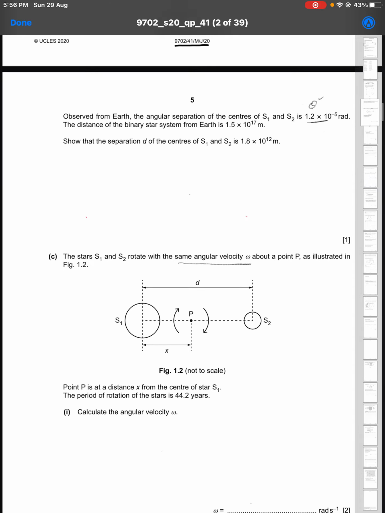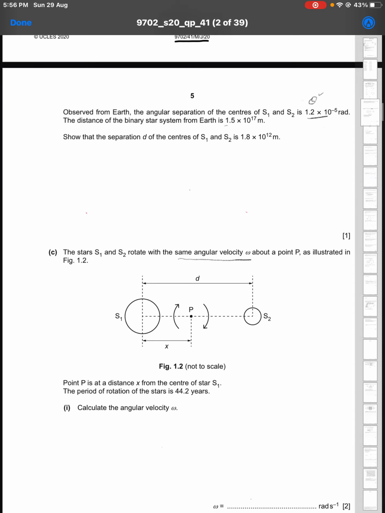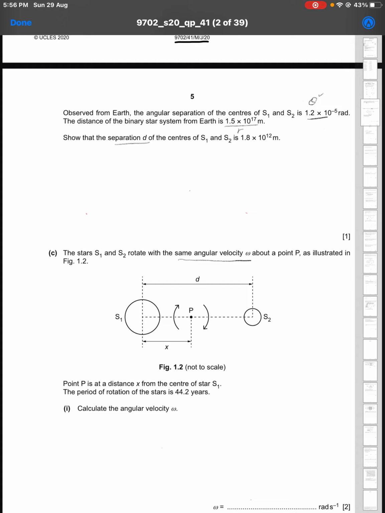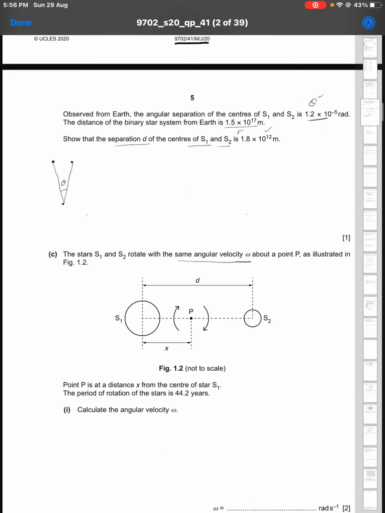The distance of the binary stars from Earth is r, and show that the separation d of the centers of S1 and S2 is this. These are two stars and the observation is done from Earth, so from Earth they seem to make an angle theta. This distance is very small, so we consider the curve as a straight line.